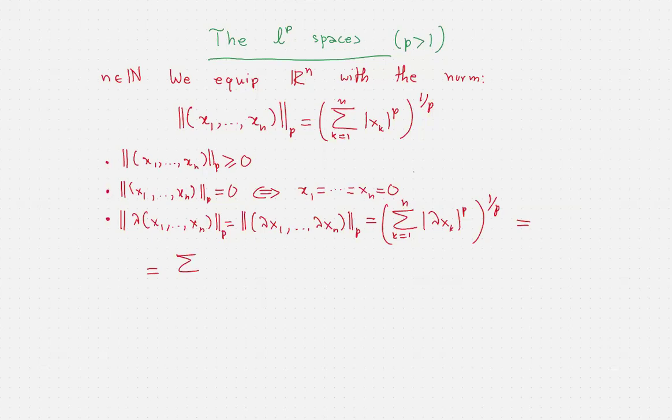So you will get the absolute value of lambda raised to the pth power times |xk| to the pth power, all raised to the 1 over p. I think I'm giving more details than one should give here, but if you see this for the first time, I'm guessing that these details do not hurt anyone.